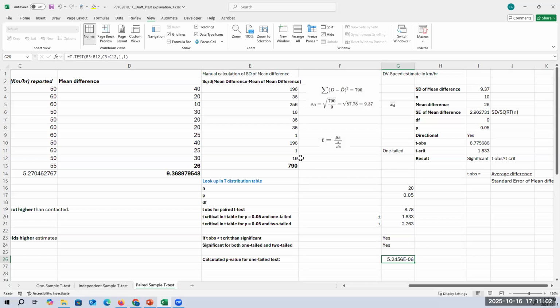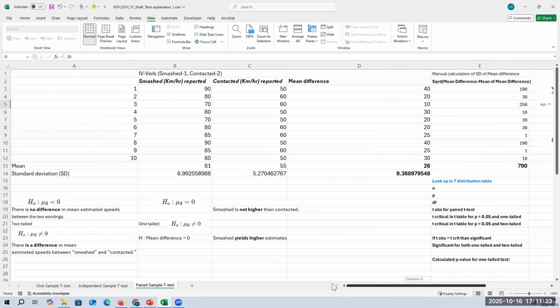So that explains the mean difference, and then we divide by the standard deviation, 9.37, over the root of n, and you get the t value, right? And you compare it. So it seems that we can reject the null hypothesis and accept the alternative hypothesis, whether it be directional or non-directional.